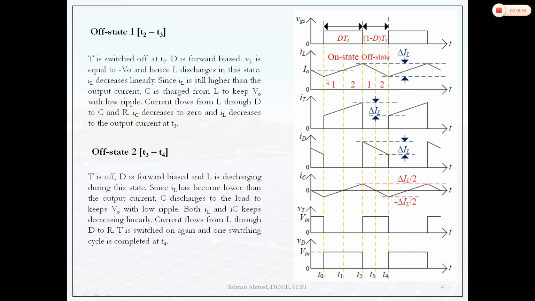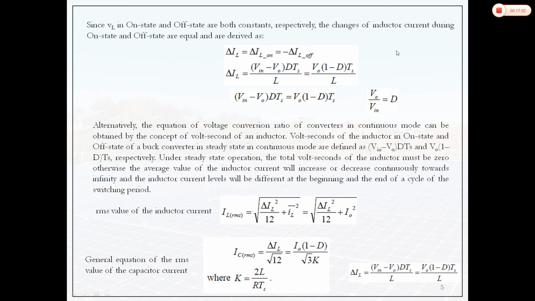So this line has slope V in minus VO upon L. If we substitute T equal to DTS, we will get delta IL. Similarly from here to here the slope is minus V naught upon L. If we substitute 1 minus D times TS, we will get the value, and if you want the magnitude, we can take the modulus of that.